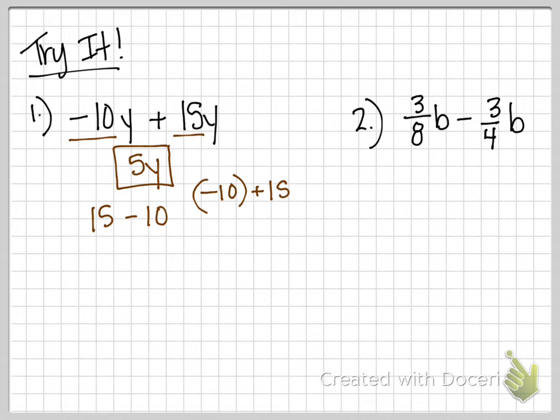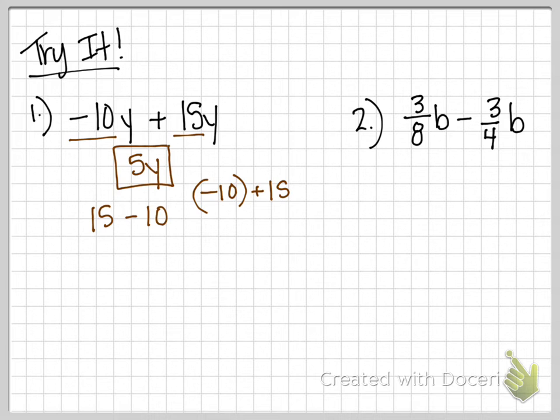Don't worry. Next one: 3/8 b minus 3/4 b. Ben. Very good. So because we are going to combine and we have different denominators, we need to get a common denominator.